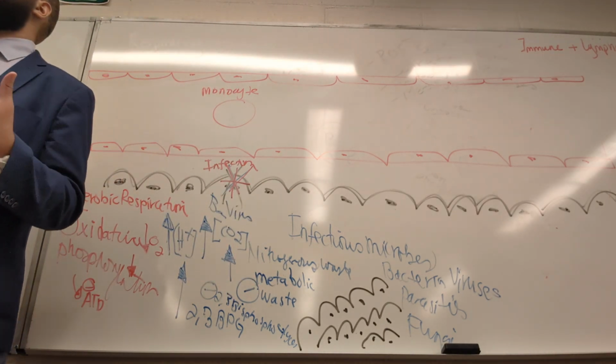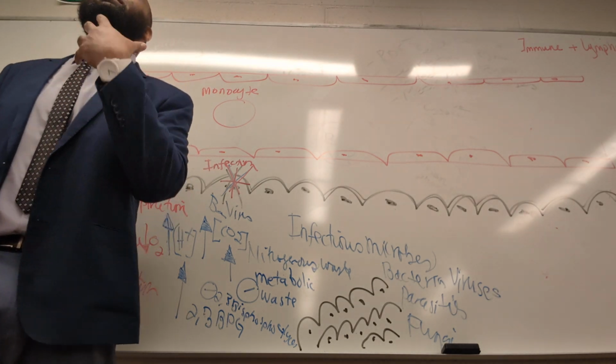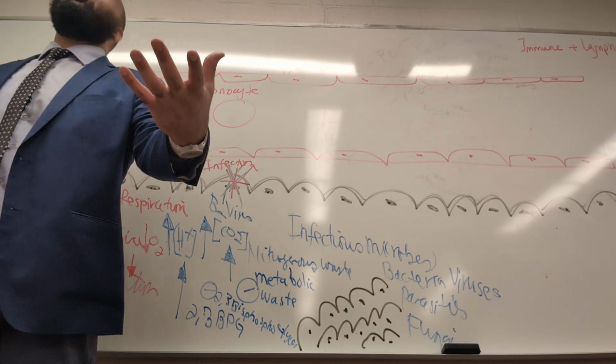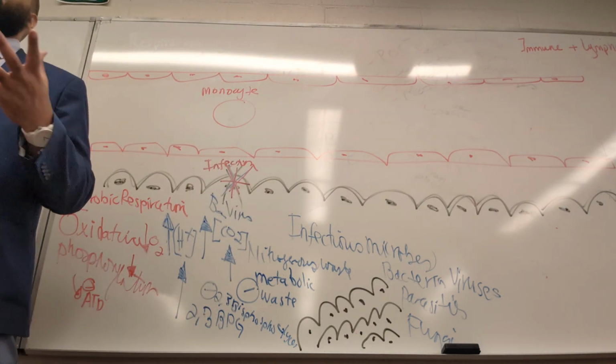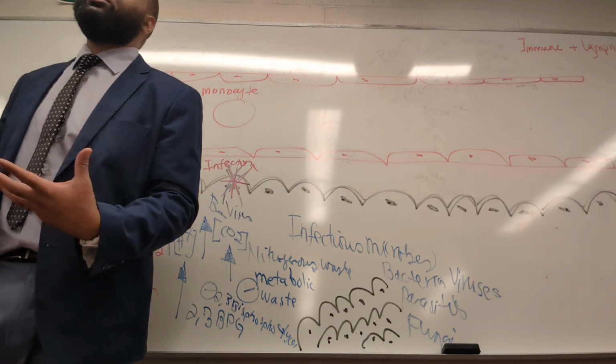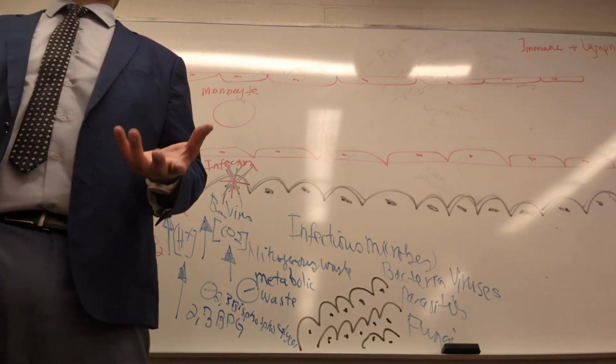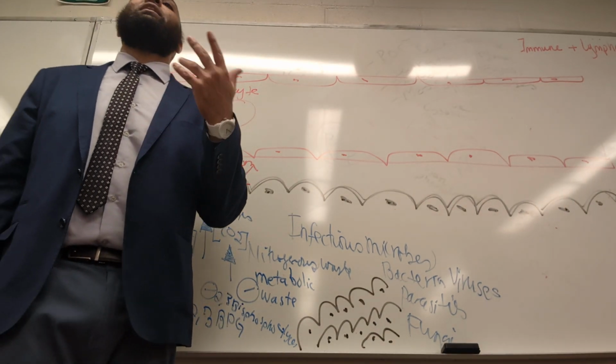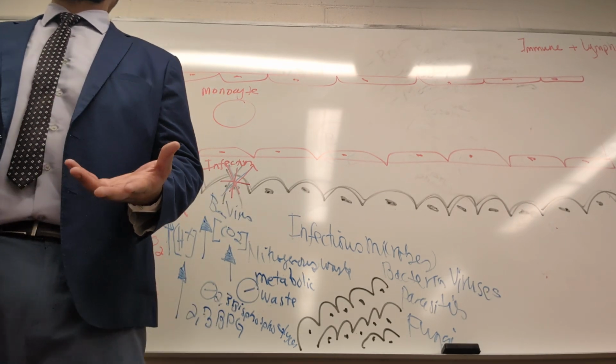So what is inflammation? Inflammation is the immune system's protective response to bring more blood to the tissue that is damaged, to supply the tissue with oxygen, to supply the tissue with nutrients for ATP. Carbohydrates we can break down through glycolysis and get ATP.